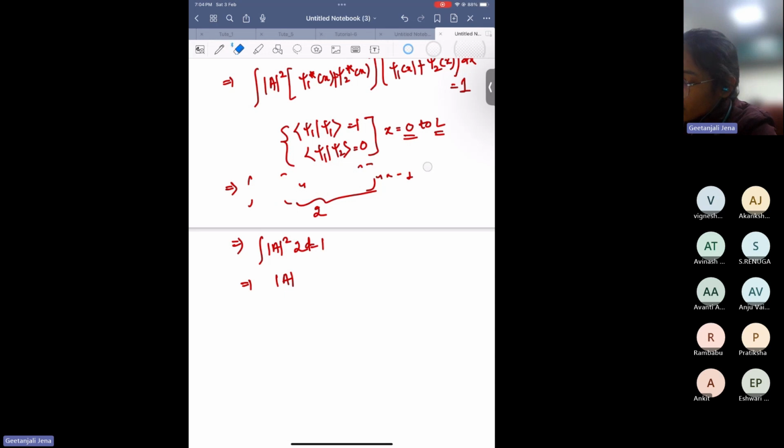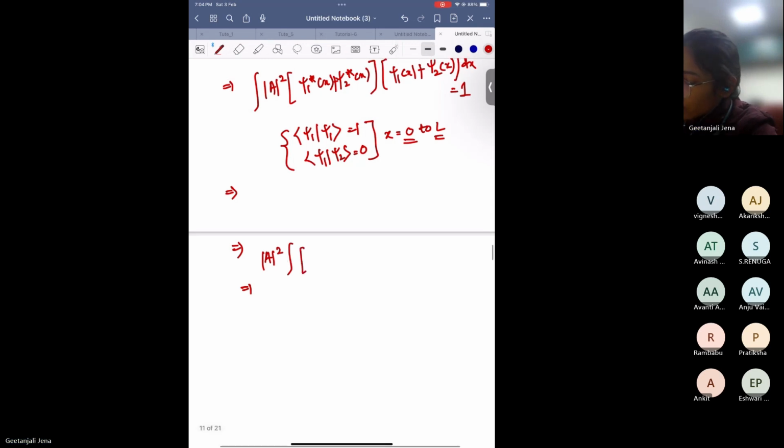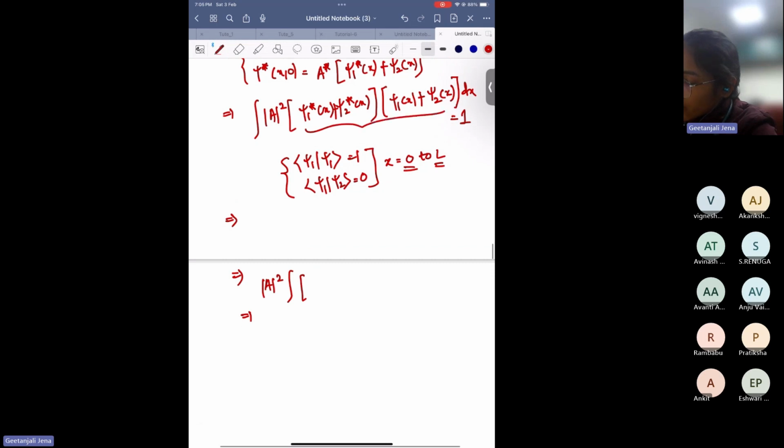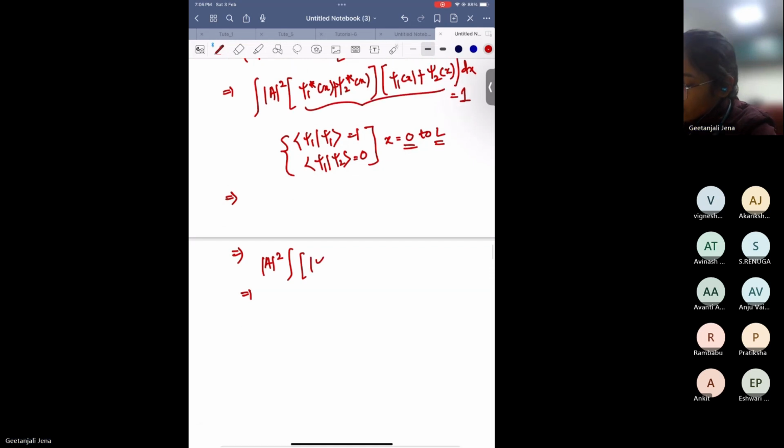Let me write it down properly. So A square you can take out of the integration. This whole term will give the integral of psi1 square plus psi2 square dx equal to 1.